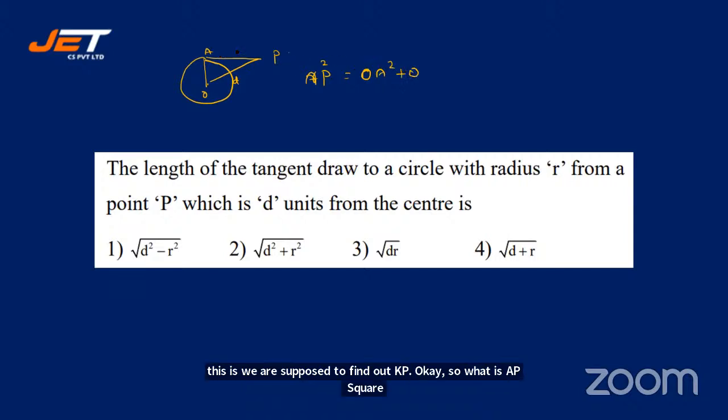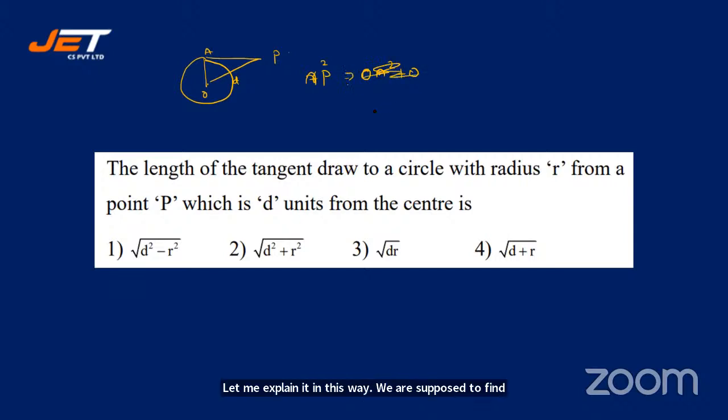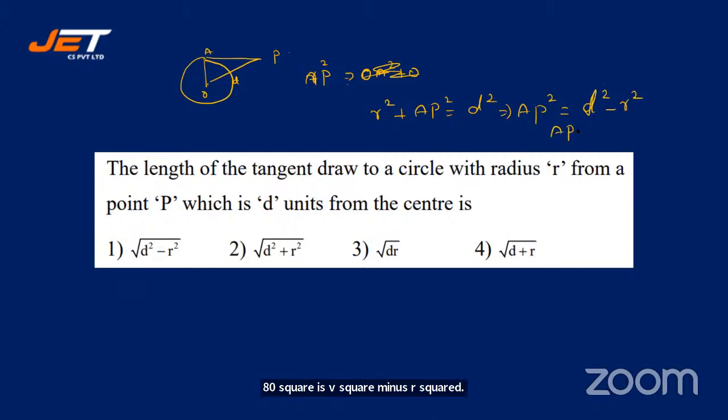Let me explain it in this way. We are supposed to find out AP square, that is R square plus AP square is equal to D square. Which implies AP square is D square minus R square, which implies AP will be root of D square minus R square.